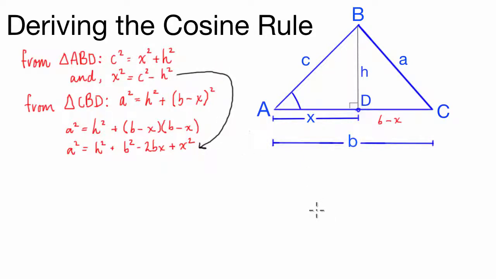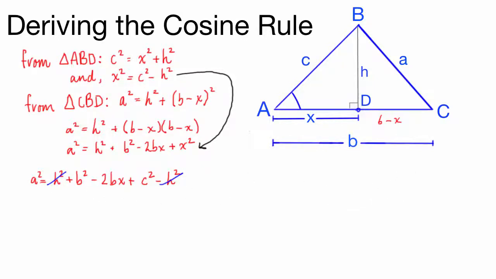So A squared is equal to H squared plus B squared minus 2BX plus, and rather than writing X squared, I'm going to write C squared minus H squared. Cool. So now my H's, I've got H squared minus H squared, they will cancel, which is awfully nice.